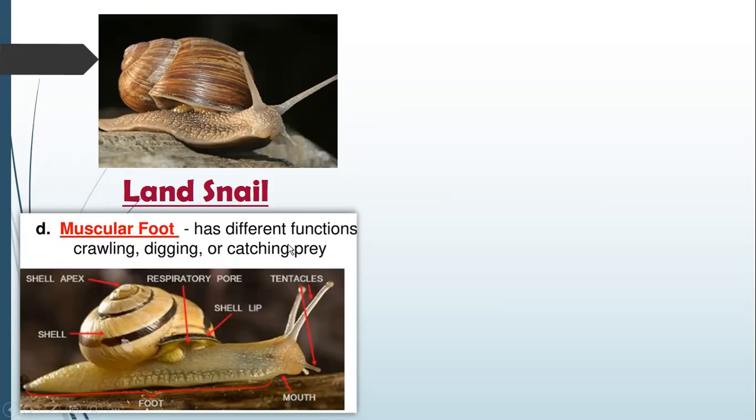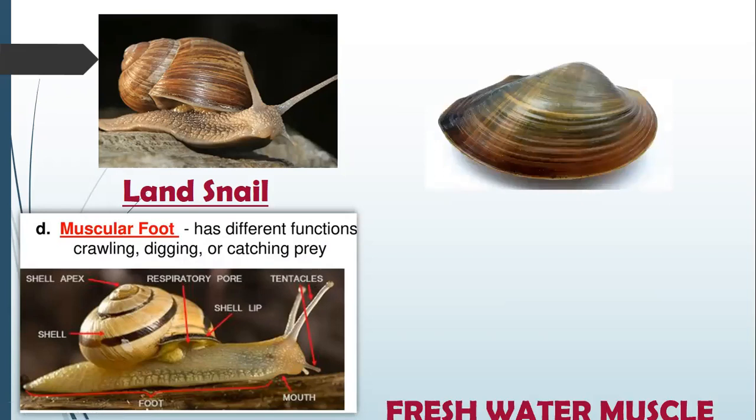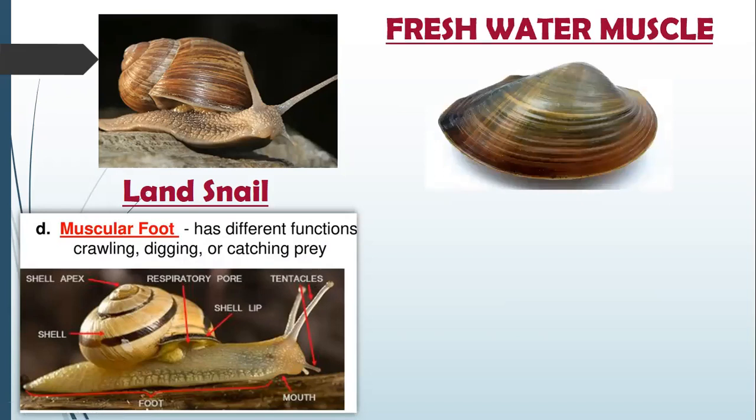So this is a garden snail, and you have already noticed this type of organism, as it is very common on land. This is a freshwater mussel. It has an exoskeleton, and it is also called bivalvia. The word bivalvia means it has two shells on both sides of the body. So this kind of organism is called bivalvia, and it is totally covered within the exoskeleton, and it is a soft bodied organism.